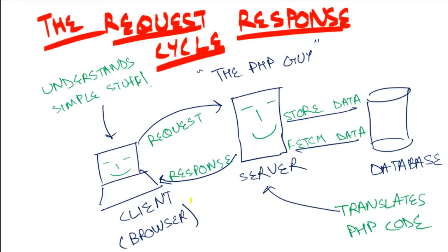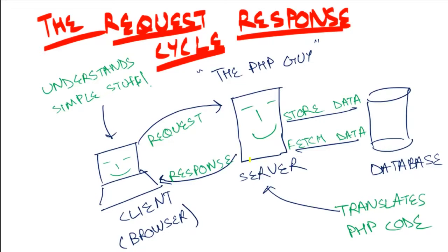And the client unfortunately cannot understand PHP. It can understand simple stuff like HTML and CSS, or maybe some client-side scripting languages like JavaScript, but it cannot understand PHP. So if a client requests for a page, and if there is some PHP code in it, then the server has to first translate that PHP code, or parse that PHP code, and it has to send HTML output to the client so that the client can understand and display it, right?